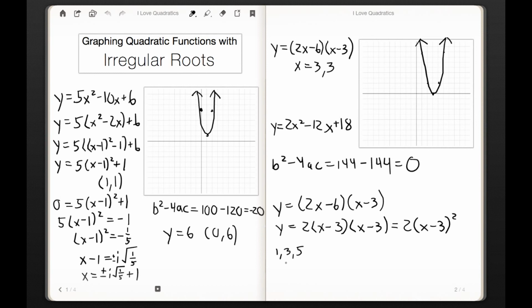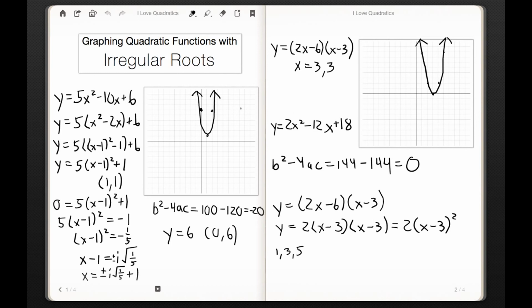Or if you ever get really stuck, you can always just start plugging in values for x and seeing where they end up for y values. Although, if you are comfortable with all these methods, you shouldn't run into that problem. But that is always going to work. And there are no exceptions to that rule. Any function, you can plug in any value for x and get the correct value for y.